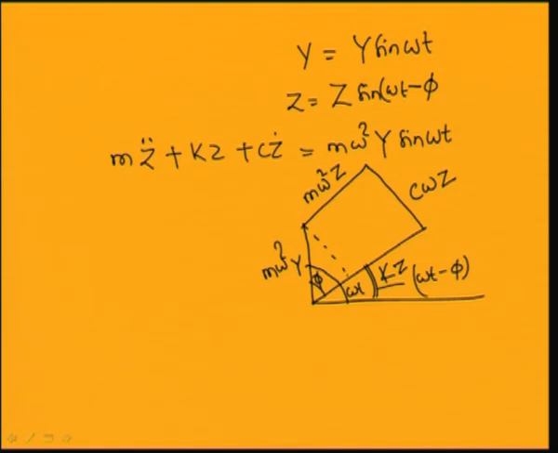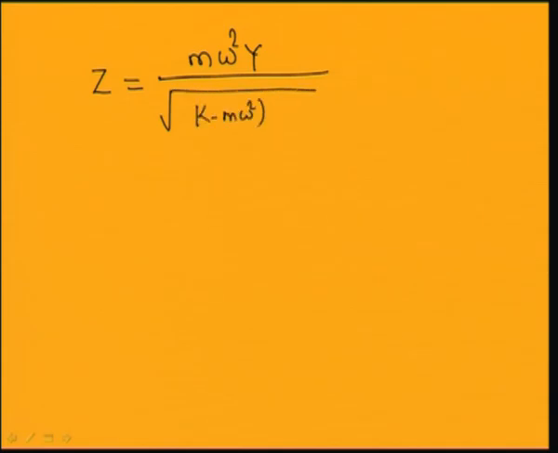So, by adding that, already we have seen similar cases, z will be equal to m omega square y root over k minus m omega square whole square plus c omega whole square. You can simplify this.